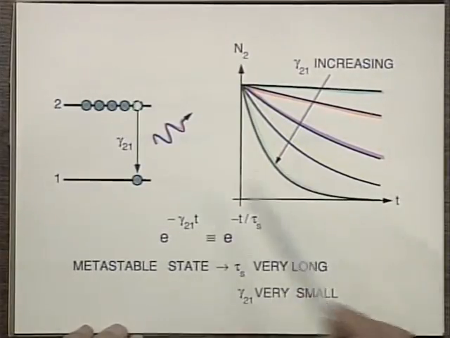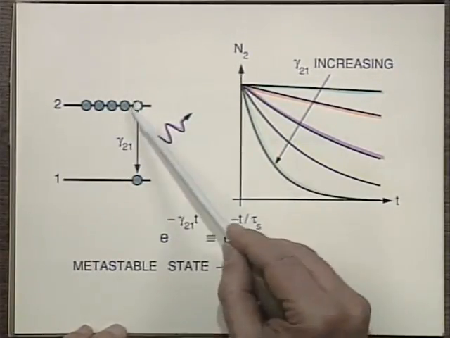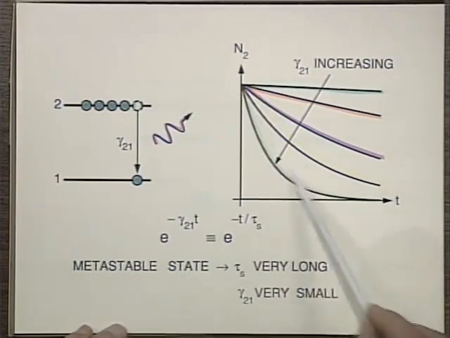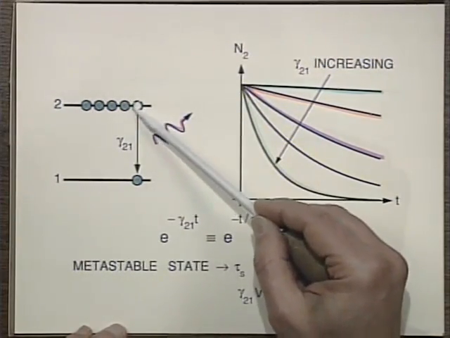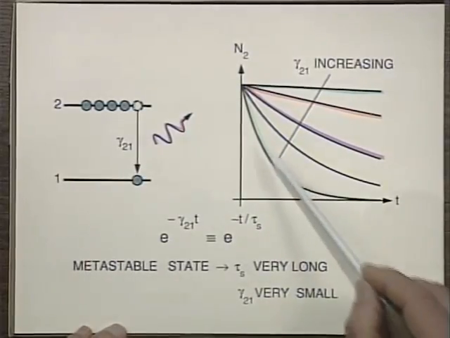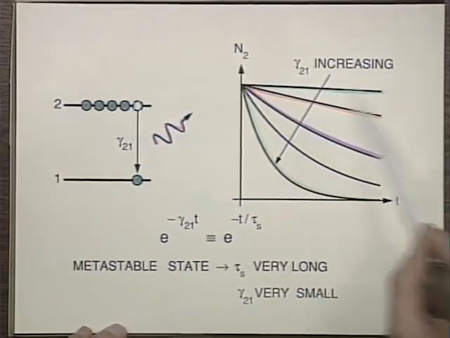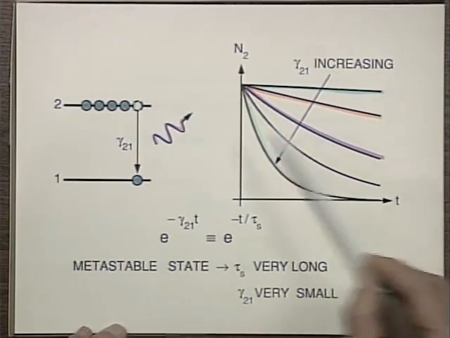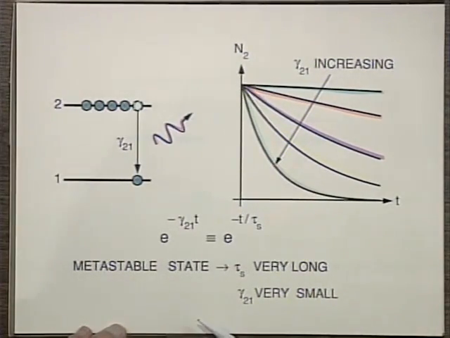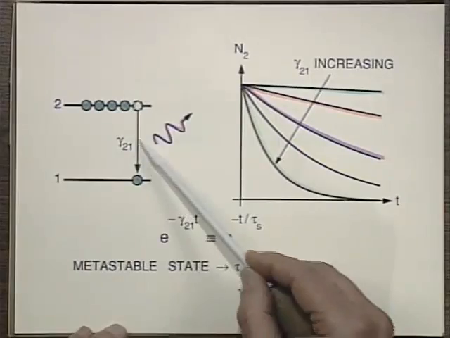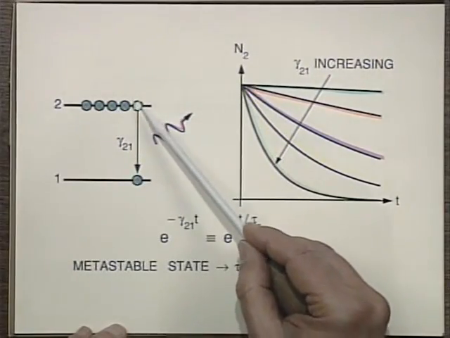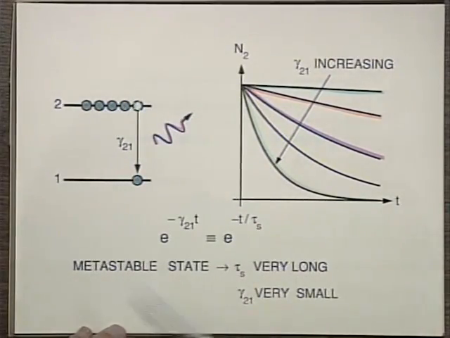So if you put, let's say, 1,000 atoms in level 2 and you watch them decay, then depending on the coupling between level 2 and level 1, they can either decay very fast or not decay at all. All right, this shows the decay as a function of time. And that depends on the lifetime or the relaxation time between level 2 and level 1. This is the basics of atoms or molecules.